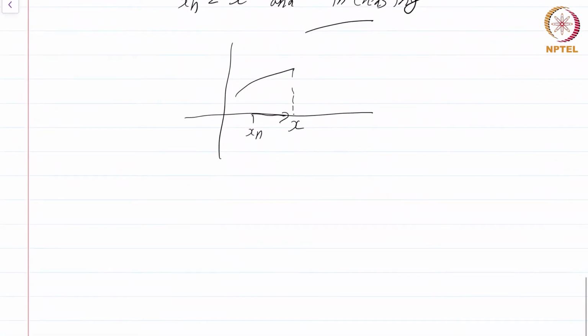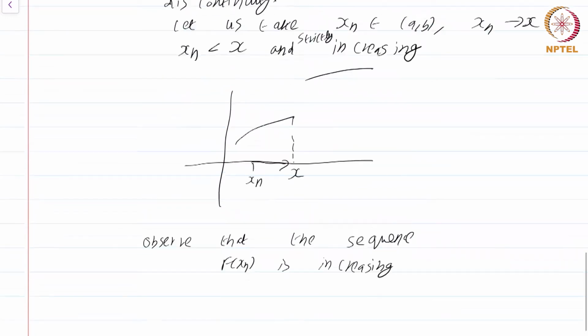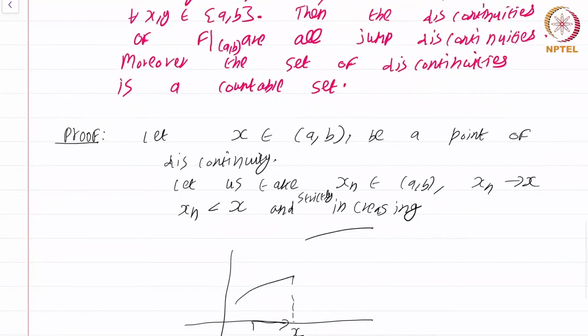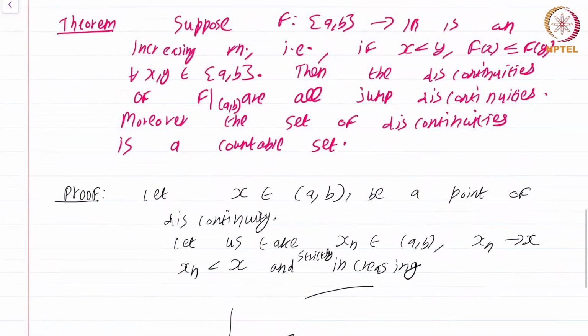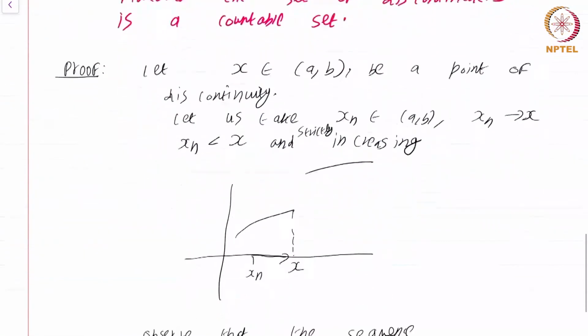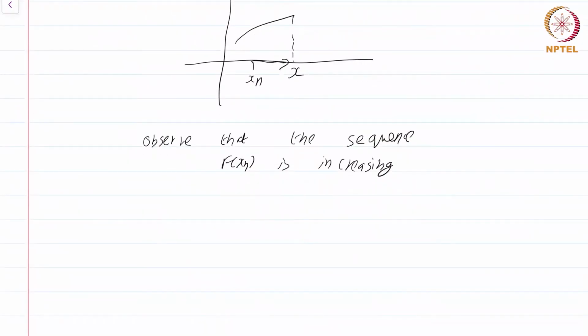Well, observe that the sequence f of x_n is increasing. We can't say that it's strictly increasing because all I've assumed is that the function f is increasing. I've not assumed that f is strictly increasing. I've just assumed that if x is less than y, f of x is less than or equal to f of y.